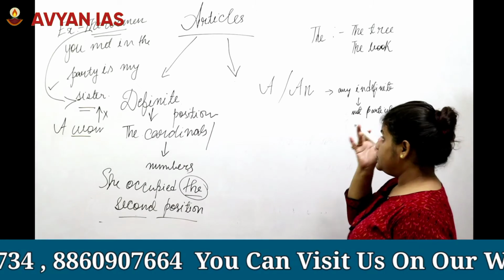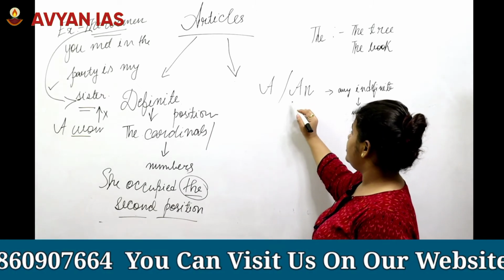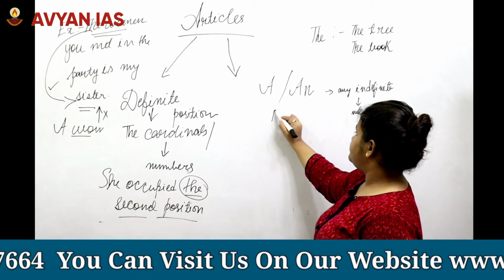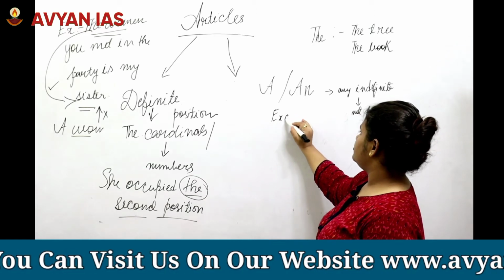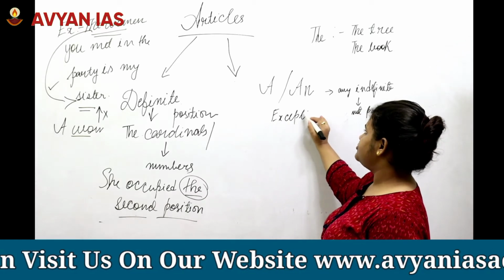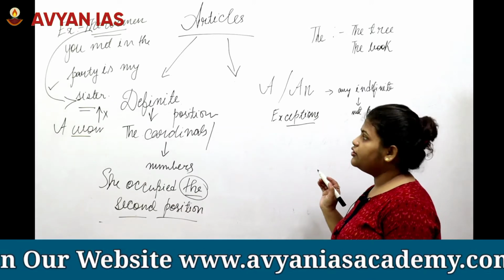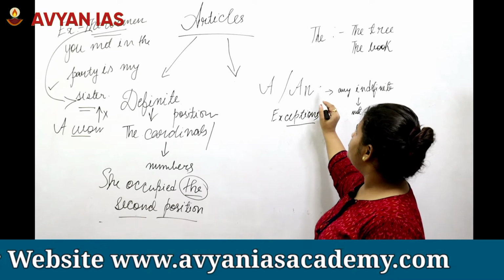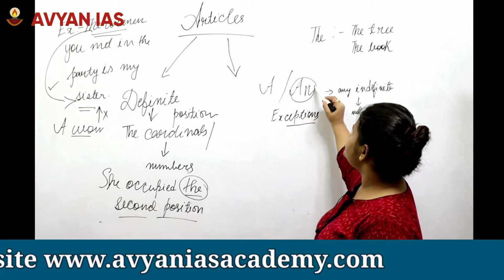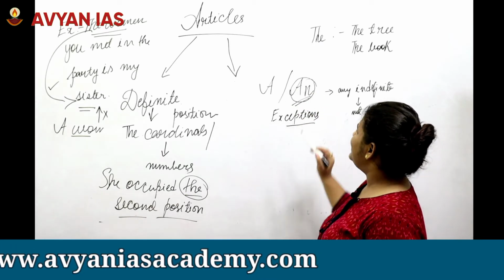Okay, so now we would go towards a few exceptions. Please keep these exceptions in mind because they are asked a lot during your examinations. For example, the exceptions generally would come around with an.